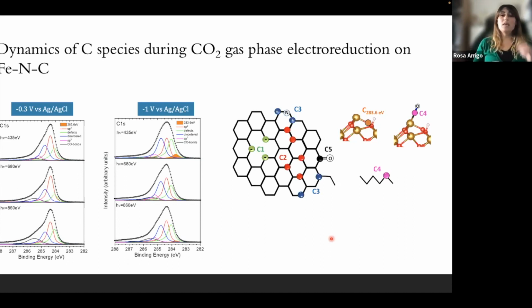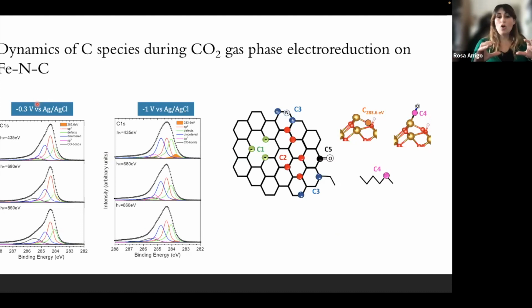The analysis of the C1s is extremely complicated, but we had the advantage that in Berlin at the Fritz Haber Institute, they had developed a very detailed fitting model by producing a lot of reference for carbon materials.